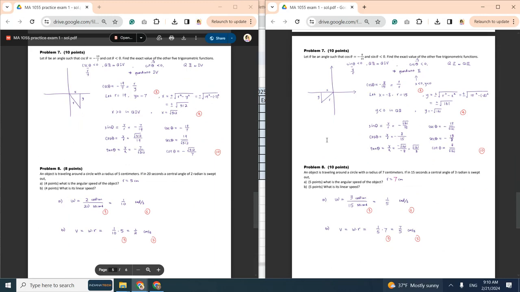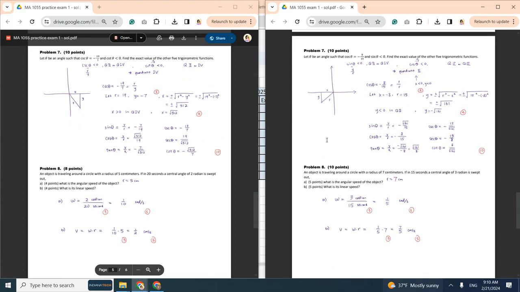Okay, everybody? Here, cosine is x over r. So your r is always positive. You let r be 15. And then you let x be -8. Because it's in quadrant 3, x is negative. Then you can find your y. When you find your y, it's plus or minus square root of r squared minus x squared.